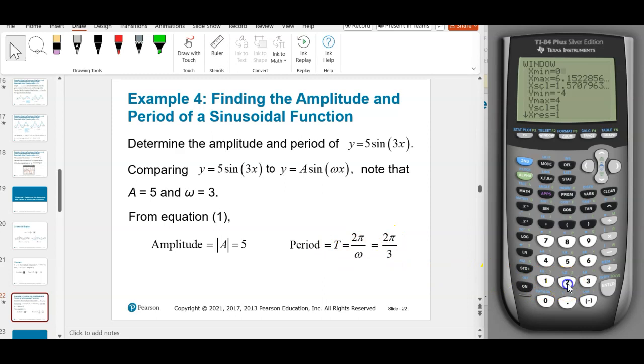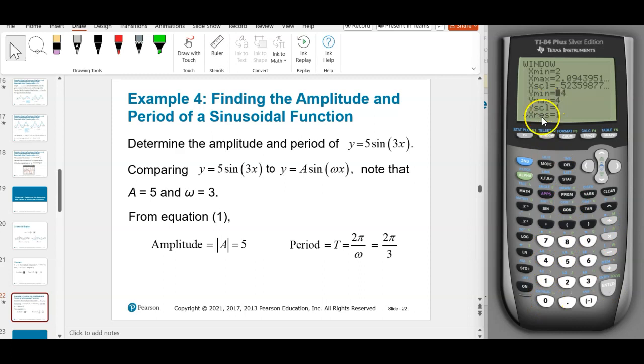So there's 0, enter. Make my maximum be 2 pi over 3. All right, and then my scale is again determined by the zoom trig window. That's just pi over 2 right there. I'm going to make it be pi over 6.